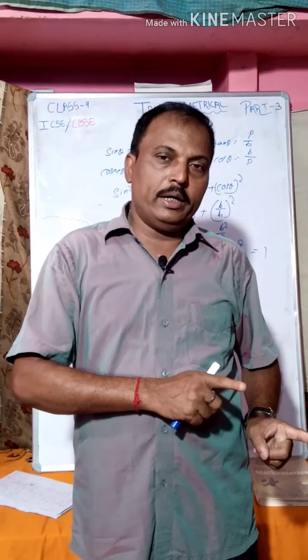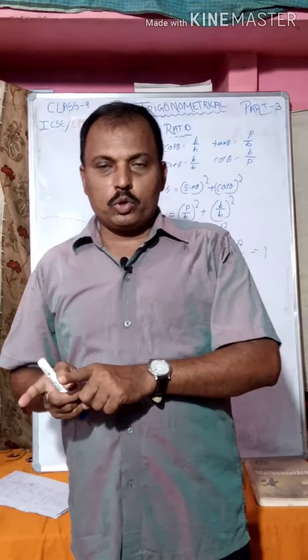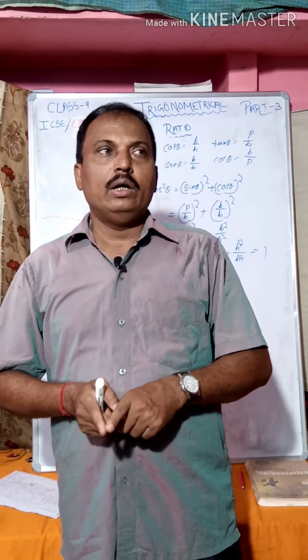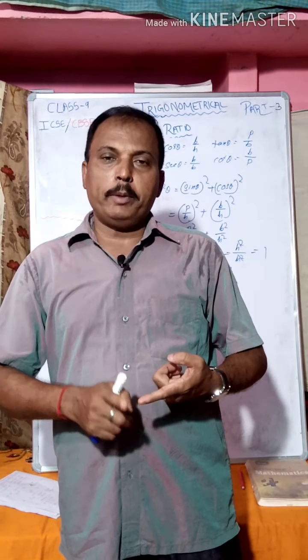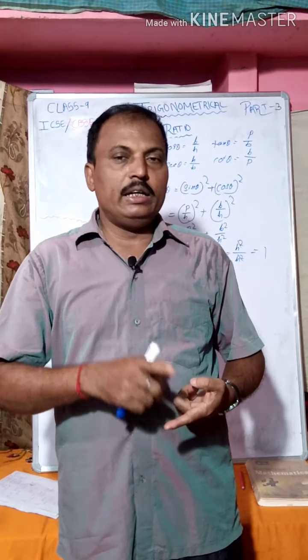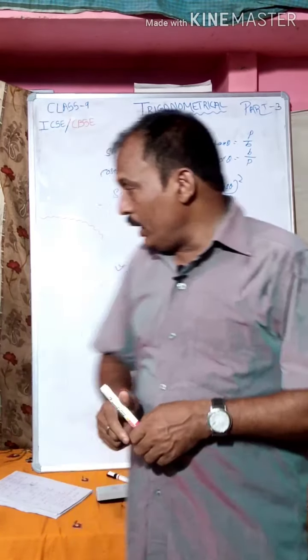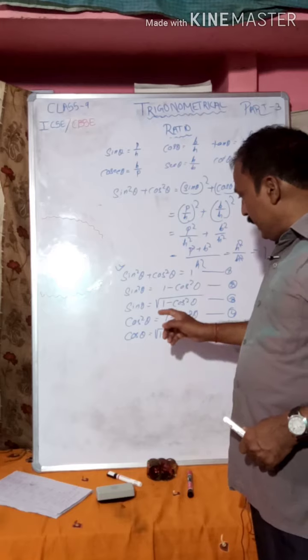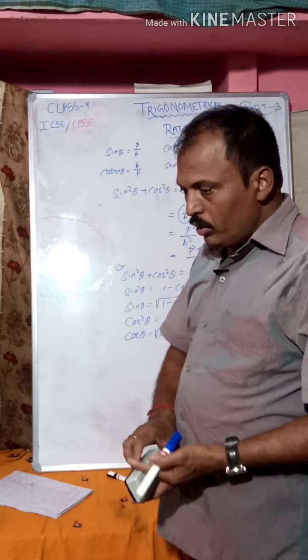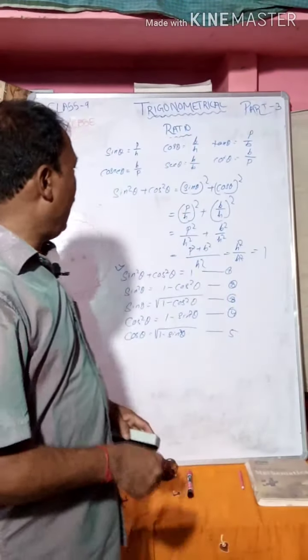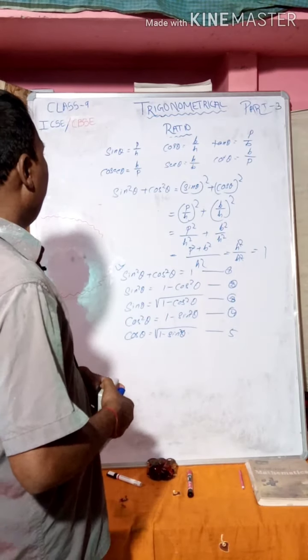Whenever square is omitted on the left side, square root is put on the right side. So cos square theta is equal to 1 minus sin square theta, and sin square theta is equal to 1 minus cos square theta. Then take a screenshot. Then we will go to another formula.